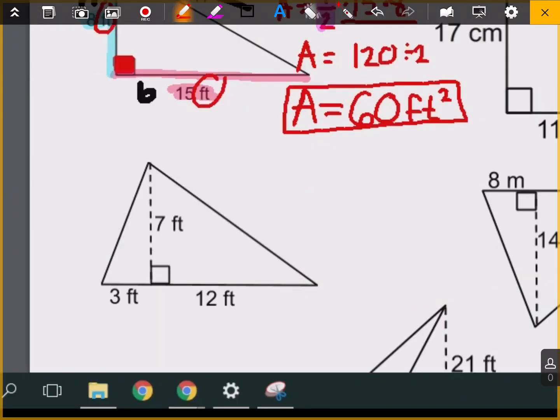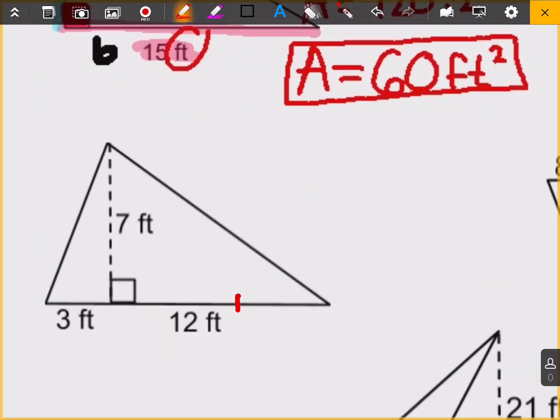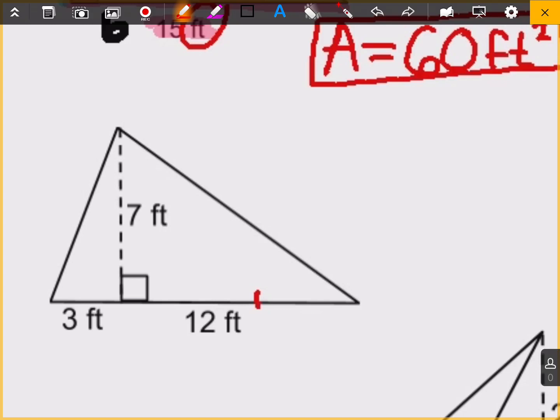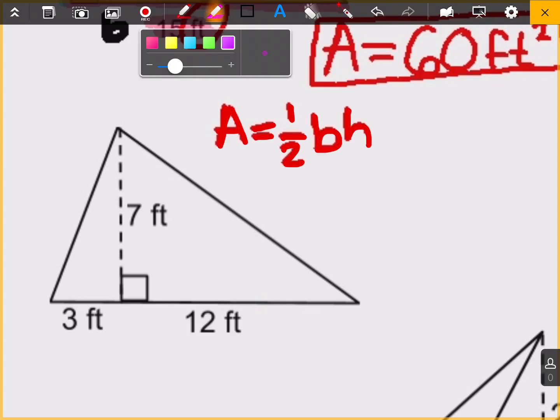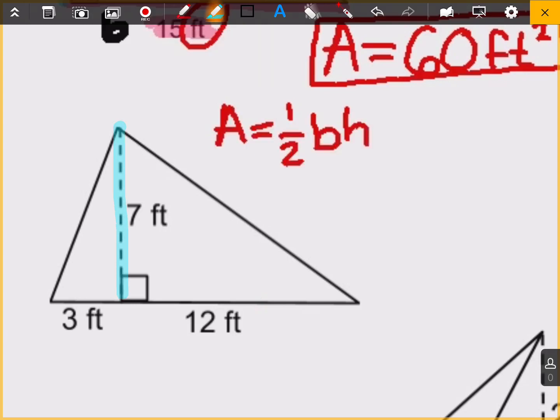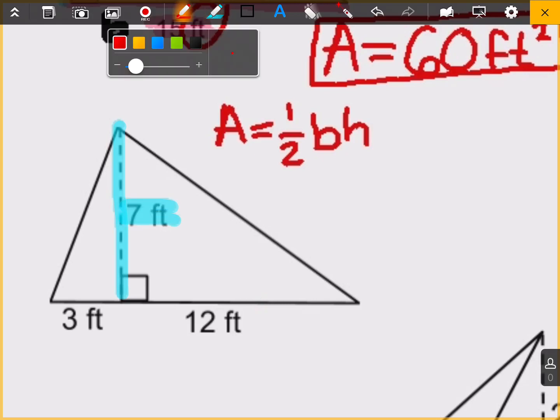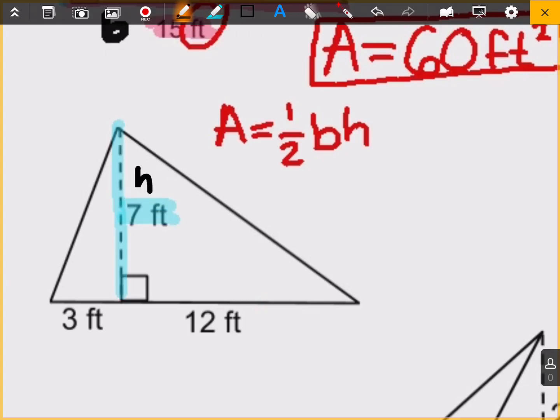I'm going to drop down to the one right below this one because this one wants to trick you. There is no useless information here. So let's take a look at this. We know that the area equals 1/2 base times height. So I know for a fact that this 7 feet is going to be my height. No doubt about it.